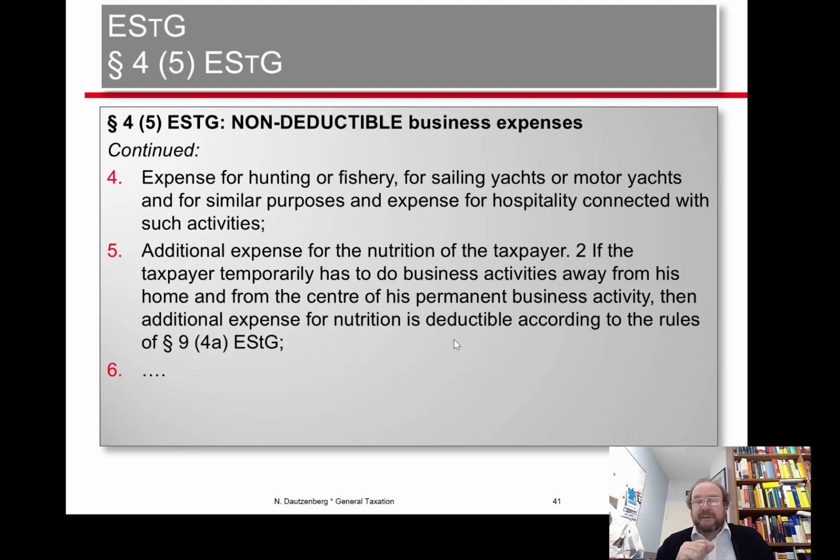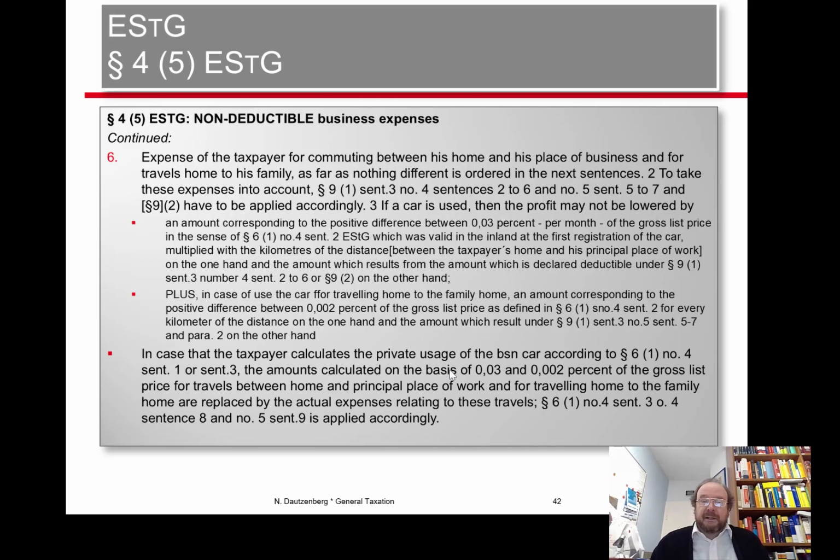And so here the bookkeeping would say the real cost, and even the actual additional costs, are not deductible. The only amount which you can deduct for additional meal expense during such a business travel is an amount which is standardized in the income-related expense rules, also for employees. You just take over that rule.